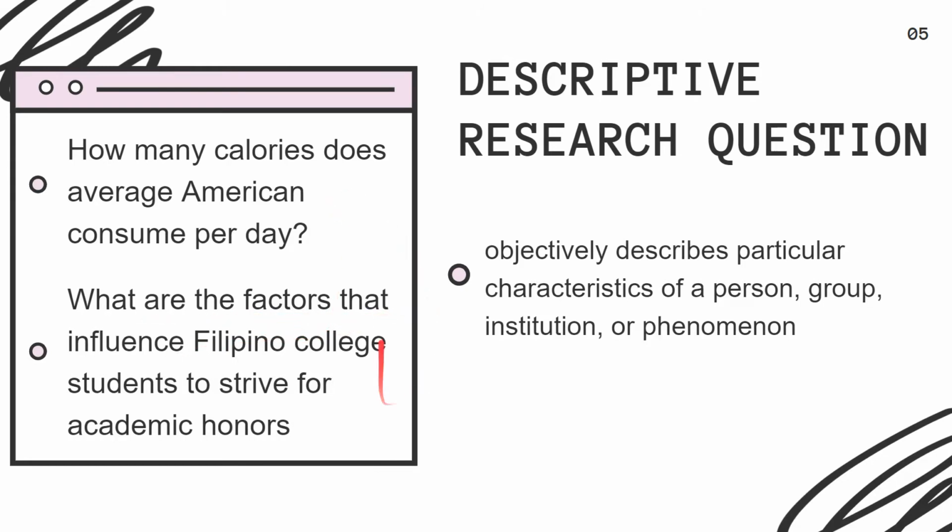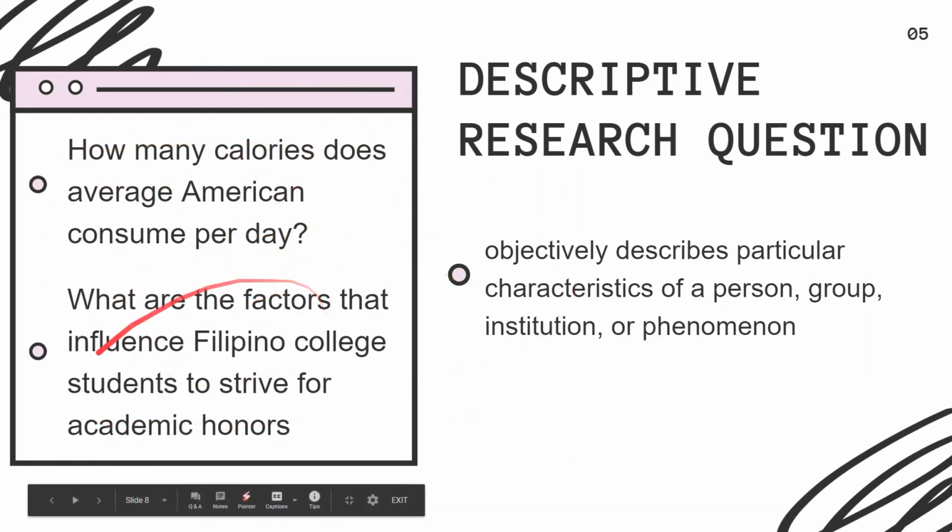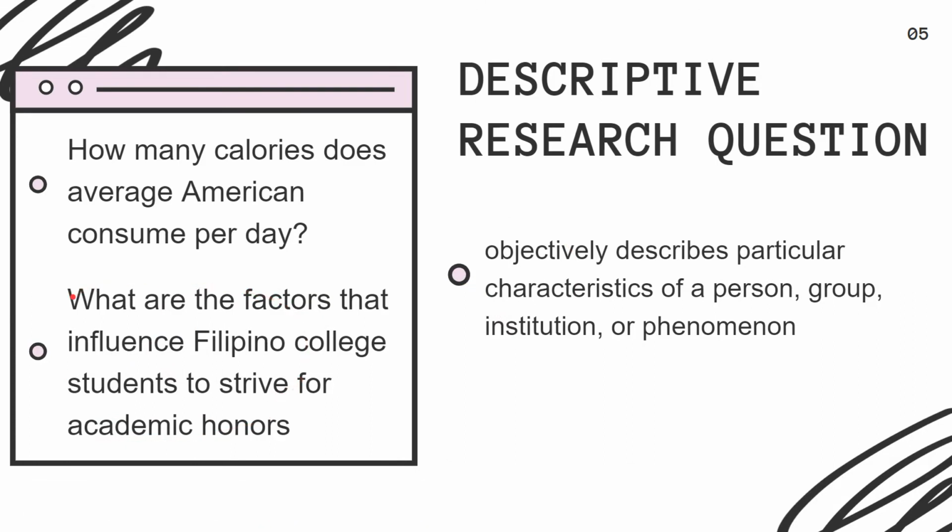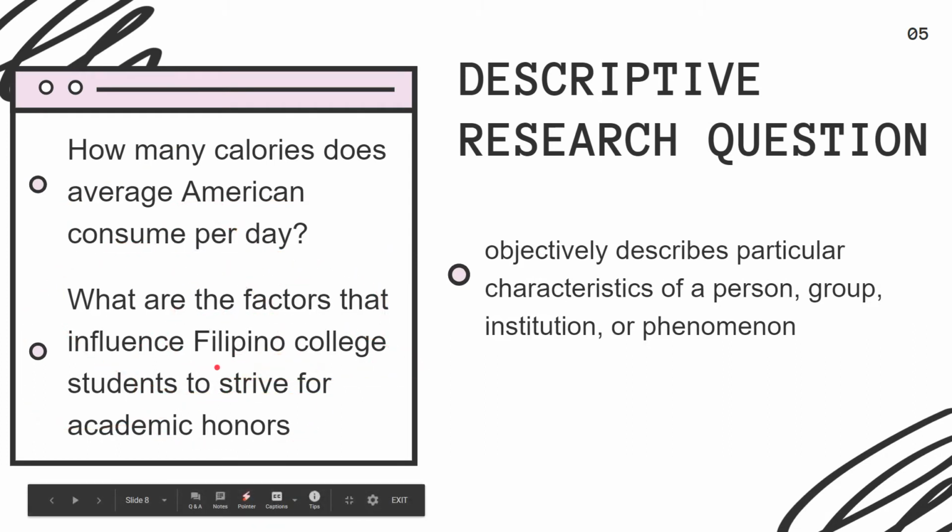One of these is quantitative and one is qualitative, so we can see that the descriptive research question can be used for both. This is quantitative because we can measure calories, and this is qualitative because we are looking for factors.